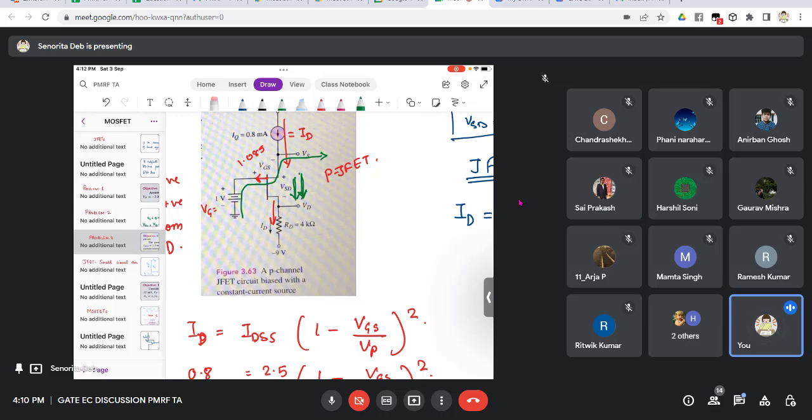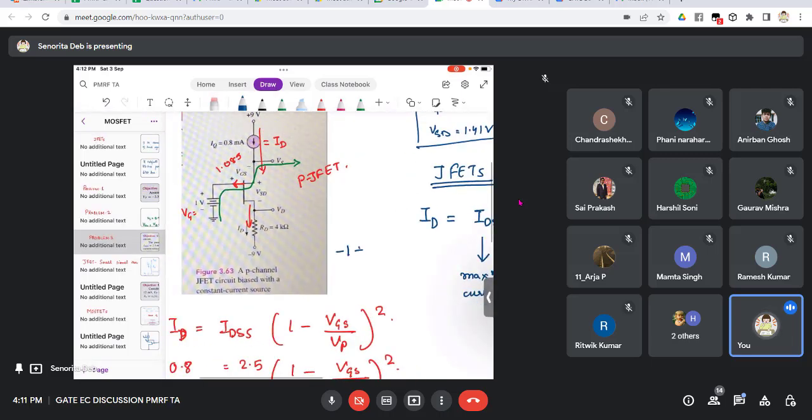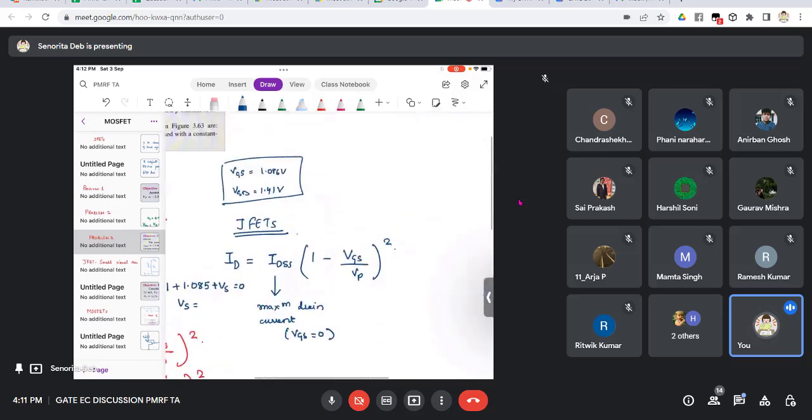Right now that is not useful. So we will put a KVL here. Putting a KVL, that is -1 plus 1.085 plus Vs is 0. So we will find Vs from here. This KVL will give us Vs. So let me shift this a bit.